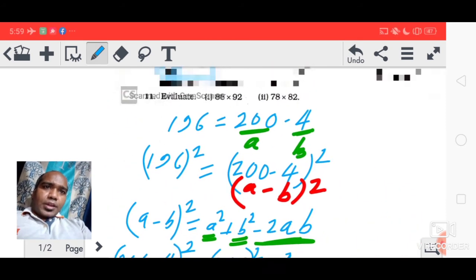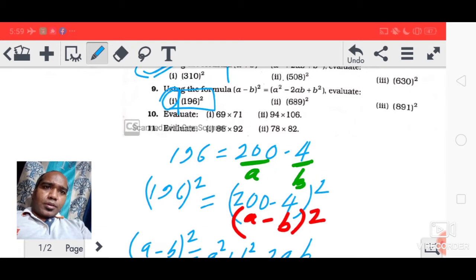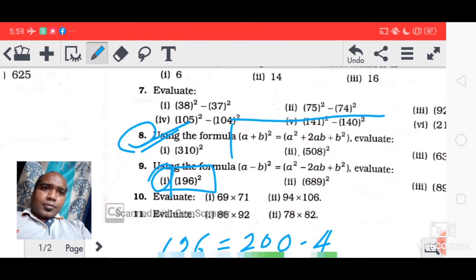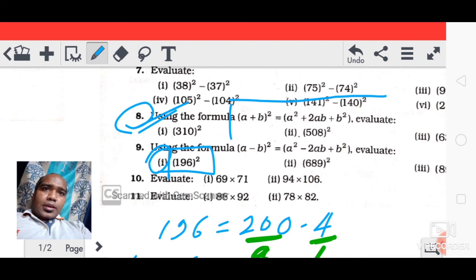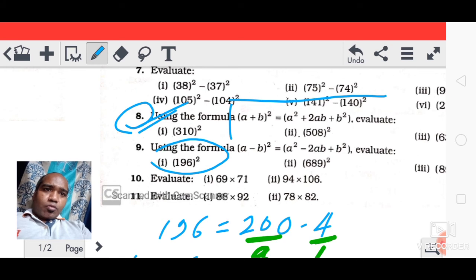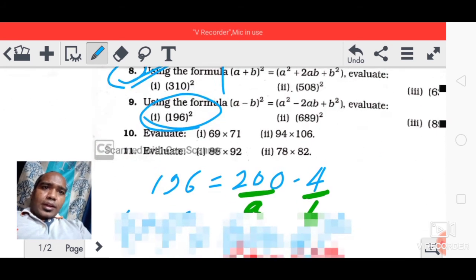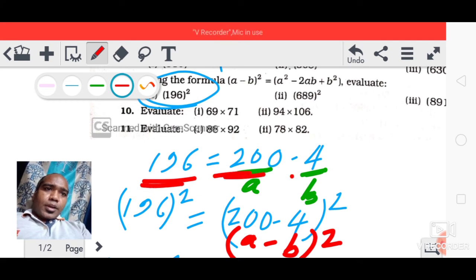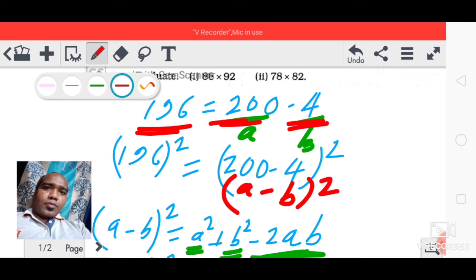Once again from the beginning I am going to explain to you. In our question, what is given? Just look here. In our question 196 square is given. So 196 we have written as 200 minus 4.